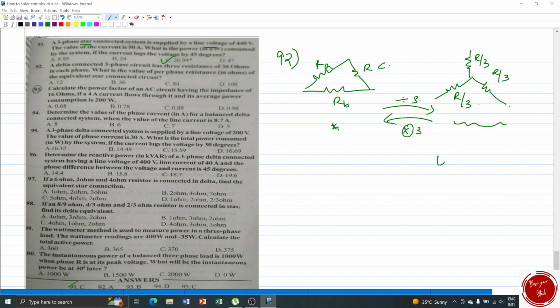I will put the link for that. I have uploaded some equations for that too in this channel. So here 36 by 3 means 12. Option A is the right answer for question number 92.